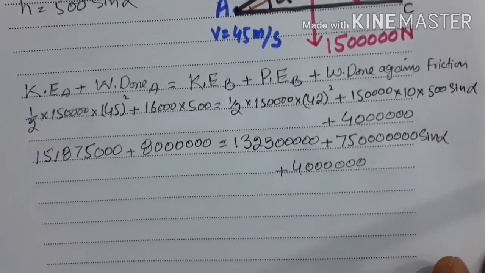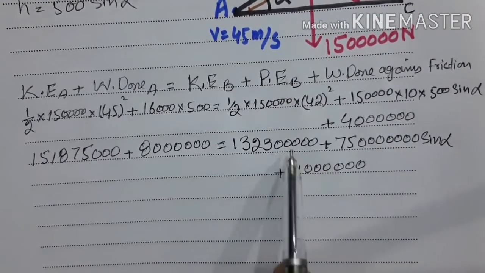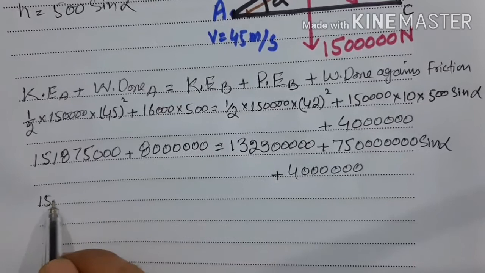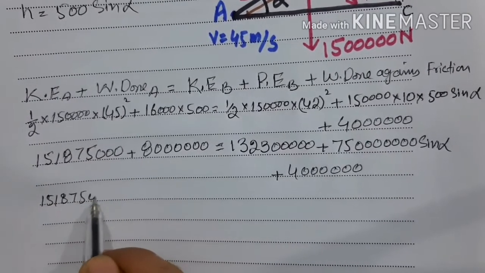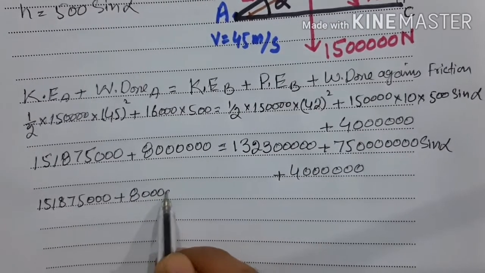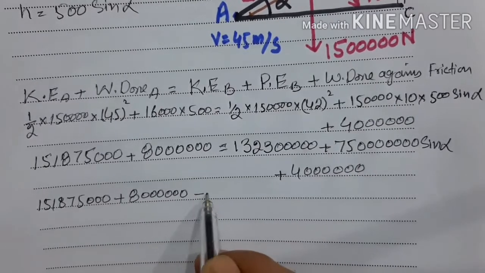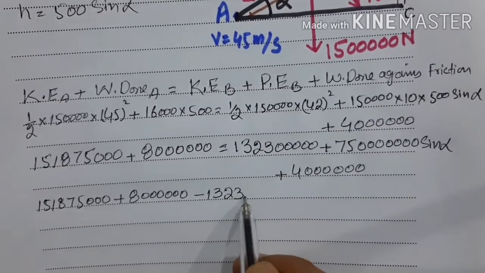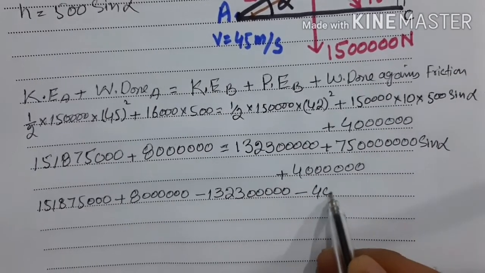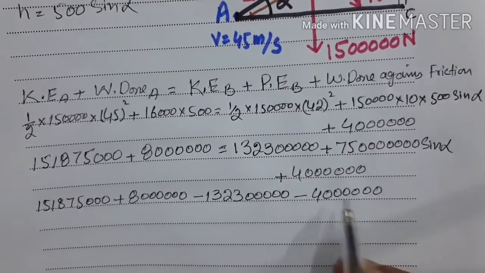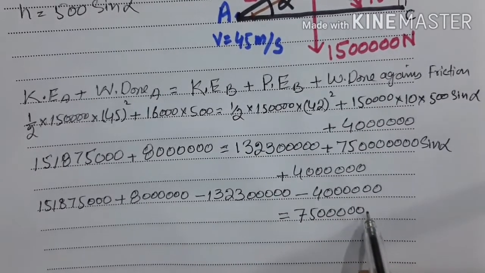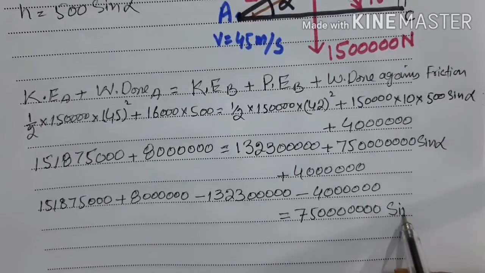Now I will take this and this thing to the left side of the equation, so this becomes 15187500 plus 8 1 2 3 4 5 6 zeros minus 1 3 2 3 1 2 3 4 5 zeros minus 4 1 2 3 4 5 6 zeros is equal to 7 5 2 3 4 5 6 7 zeros into sine alpha.